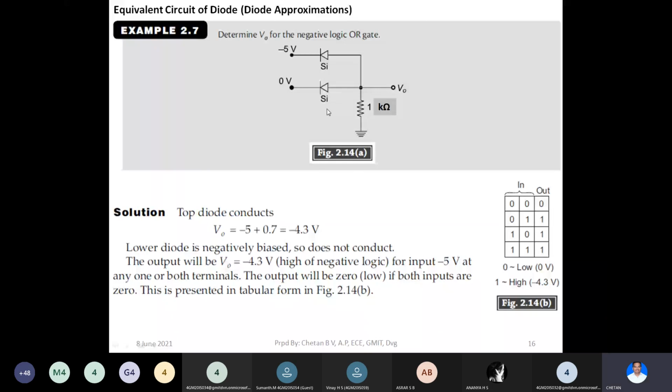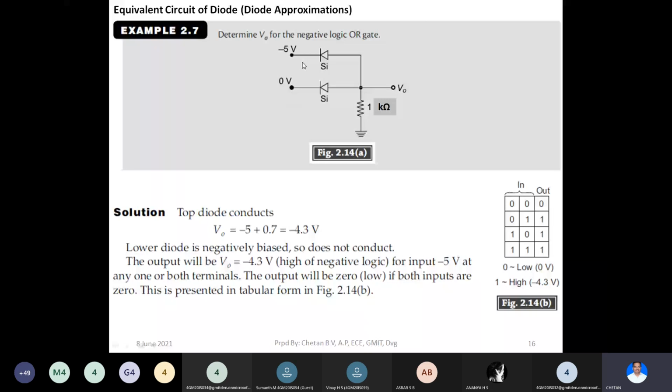Hence, if any one of these branches has its input connected to 0 volt, then obviously that particular branch would be reverse biased and it will not have any significance in the calculation of V naught, right? Now assume a condition where both inputs are connected to minus 5, right? As we already know, if we connect the cathode of one diode with minus 5 in this circuit, obviously that diode would be forward biased.